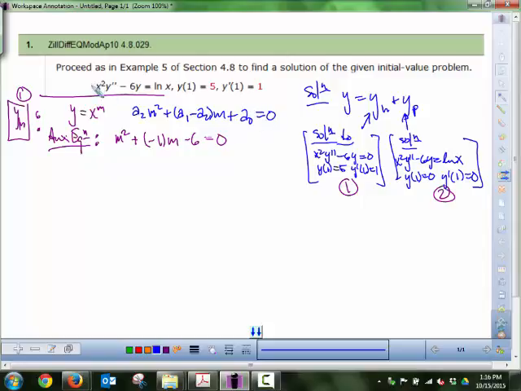Your a2 is 1 in this case. Your a1 is 0, since there's no y prime term, and then your a0 is negative 6. All right, so I think we were able to quickly solve this with m equal to 3 and negative 2.